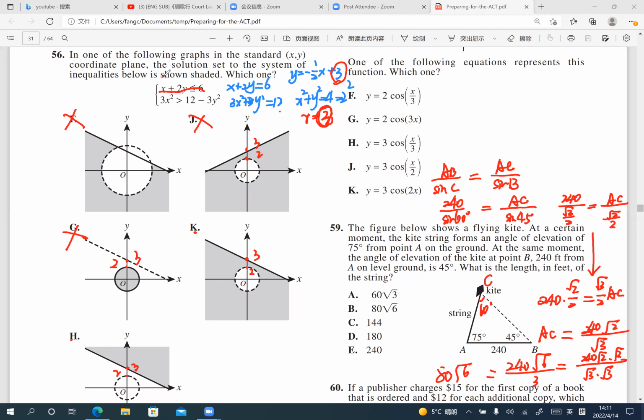So we get 0 plus 0 less than or equal to 6, which is a true statement, which means we should shade the area that includes the origin (0, 0). So we should choose option K.